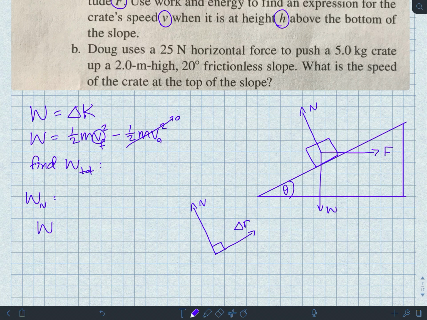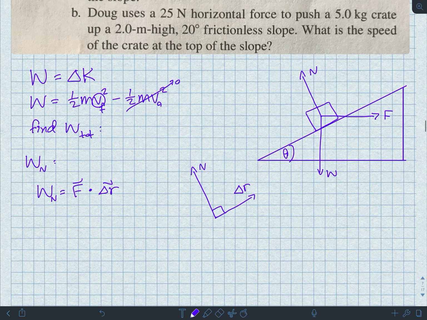Okay, so work done by the normal force is going to be the normal force dotted into the delta R. Okay, so that means this is going to be the normal force times delta R times the cosine of the angle between them, which in this case is 90 degrees.